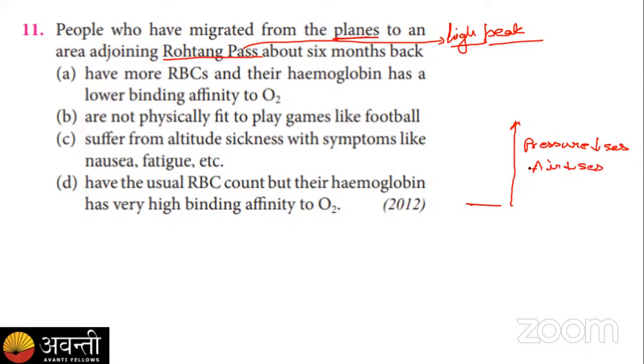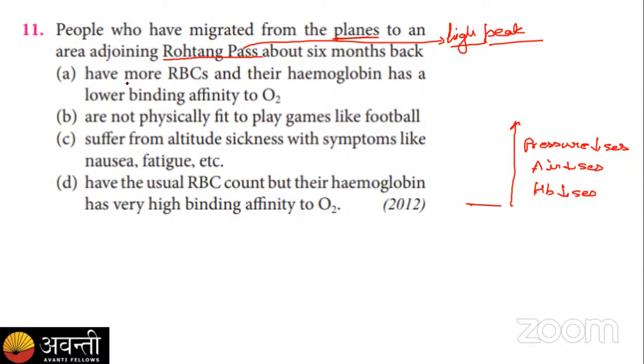So due to the presence of less air, the oxygen binding capacity of hemoglobin also decreases. But to compensate that requirement of oxygen, the body will start producing a high number of RBC.